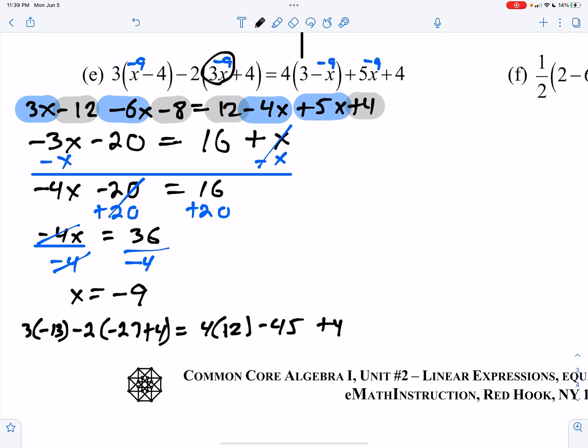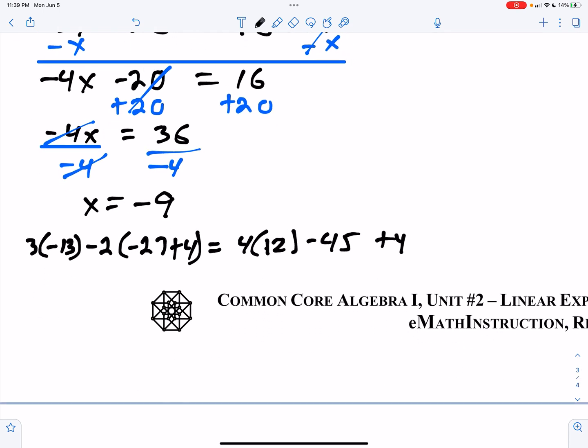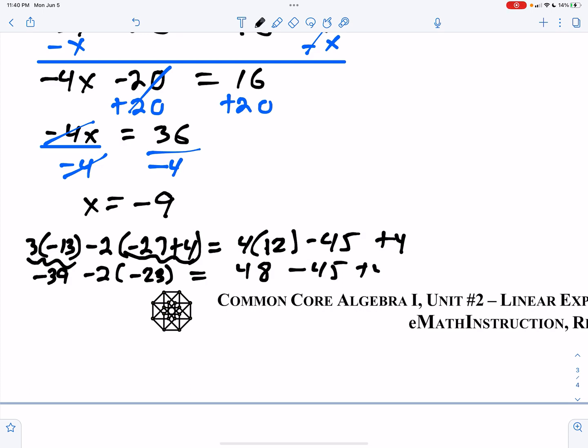And then plus 4. Okay, so just cleaning all this up, we have what? -39 minus 2 times the -27 plus 4 is -23. Okay, and that's equal to 48 minus 45 plus 4.